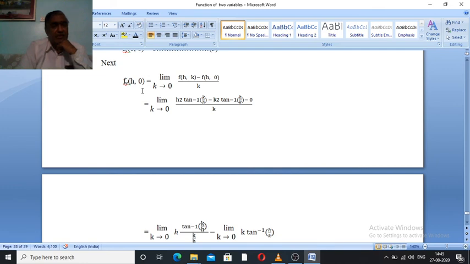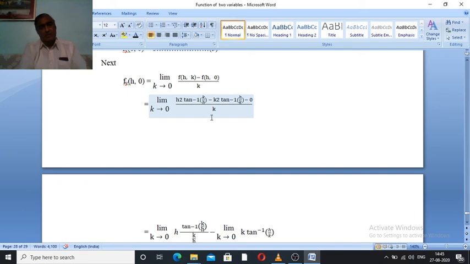Next, f_y(h,0) is equal to limit k tends to 0, with respect to y, of [f(h,k) − f(h,0)]/k. Here f(h,k) is h² tan⁻¹(k/h) − k² tan⁻¹(h/k), minus 0, upon k.